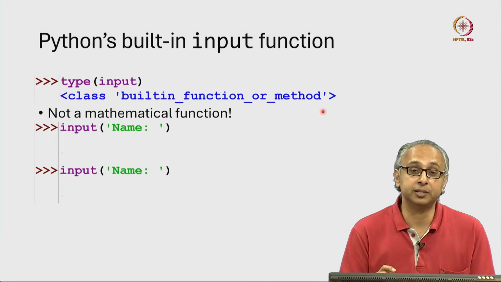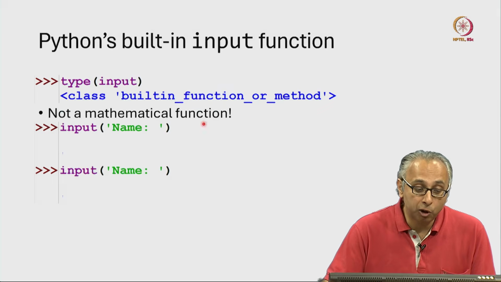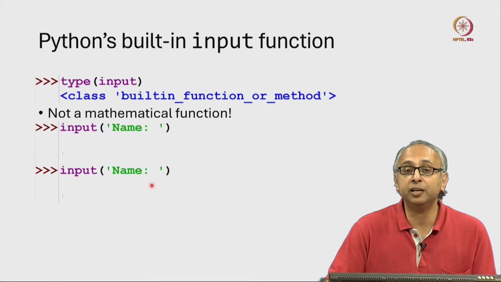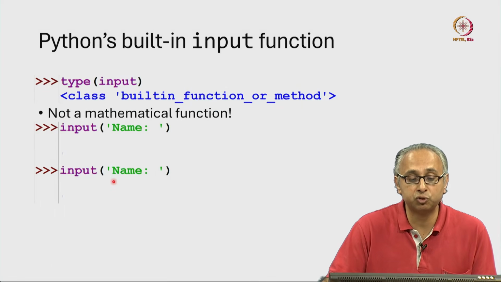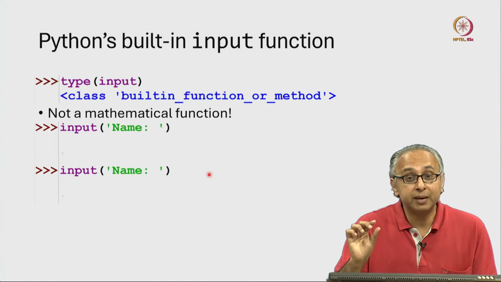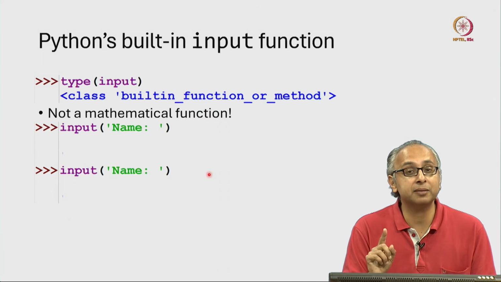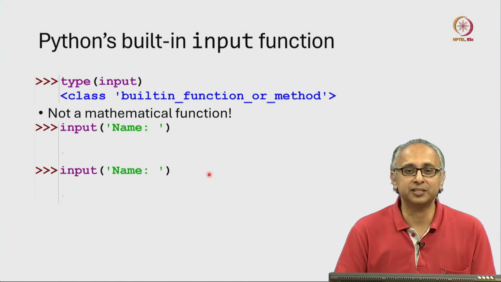Remember, one of the things I told you that a mathematical function must do is, if we call that function on the same value, so in this case, you can see I'm calling this function on the same string, in quotes, name, colon, and then a space. If I call the same function twice on the same input, I must get the same output if this is a mathematical function. But I'm going to show you that this is not the case.